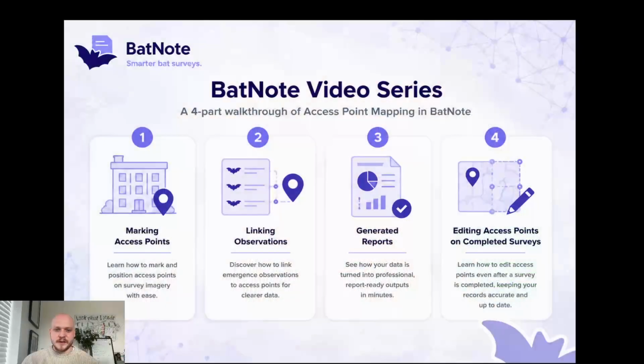For those who've been following along, we'll do a very quick recap of what we've covered so far. Right at the start of part one, we went through how to mark access points onto survey imagery in BatNote. In part two, we went through logging observations and then linking those observations, when the activity has been set to be an emergence, to their relevant access point of where the emergence happened.